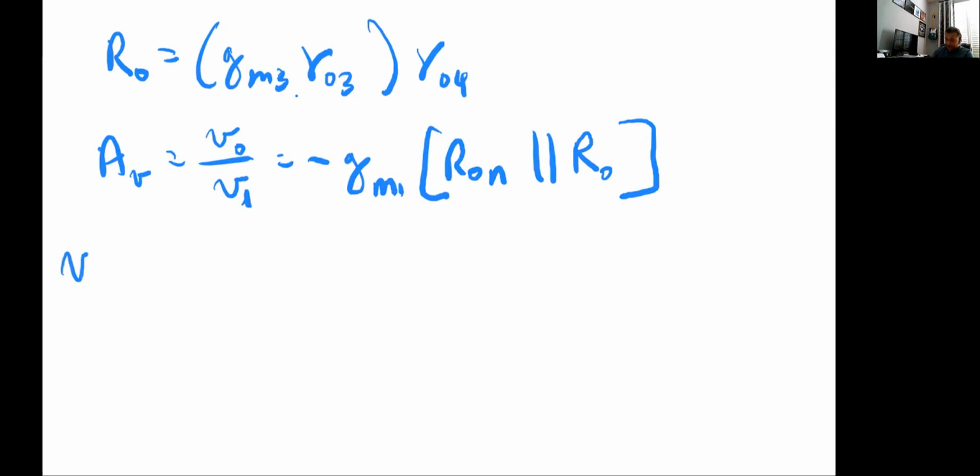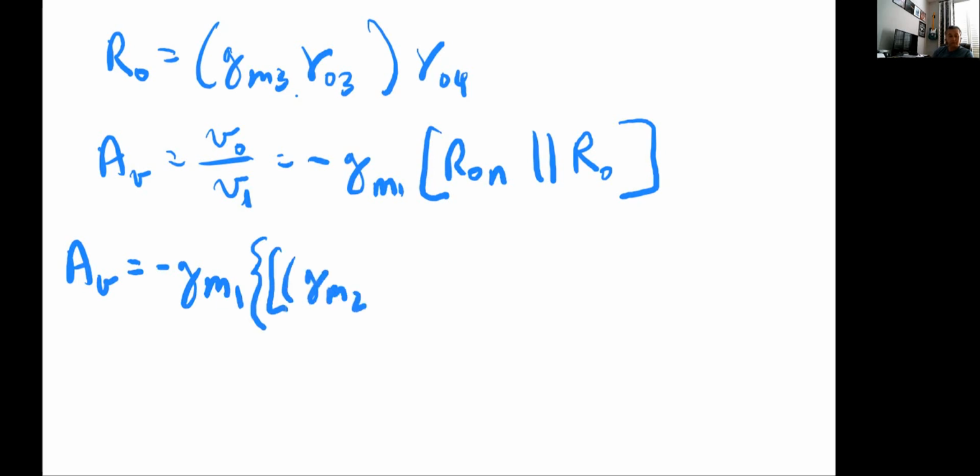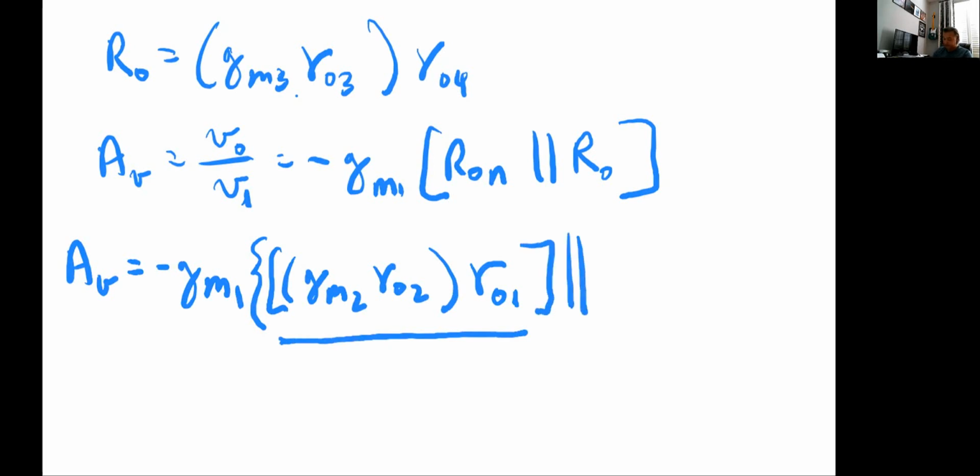So this is for the N channels. So this is gm2 times ro2 times the output resistance of transistor 1. Right here we have the cascoding effect of the two N channels, okay?